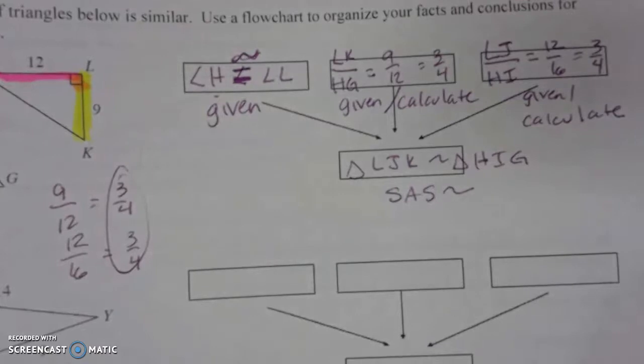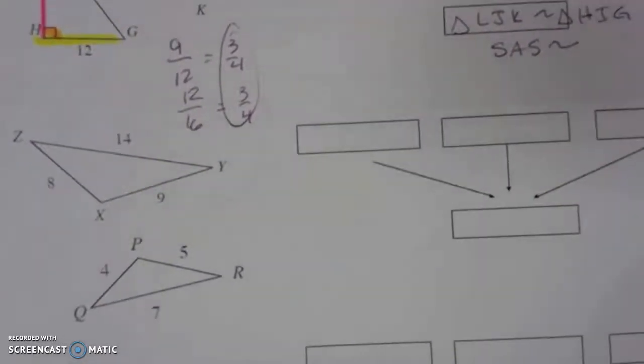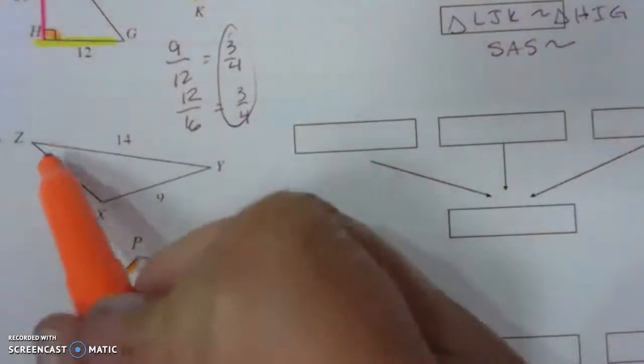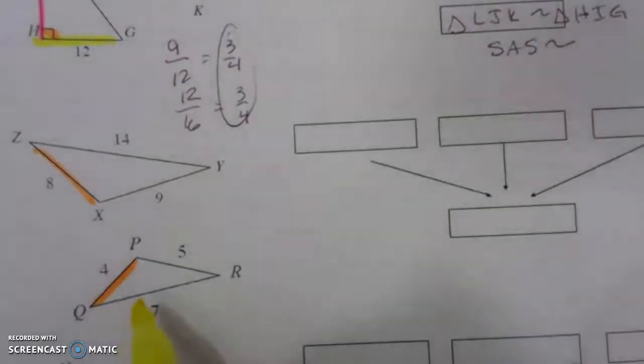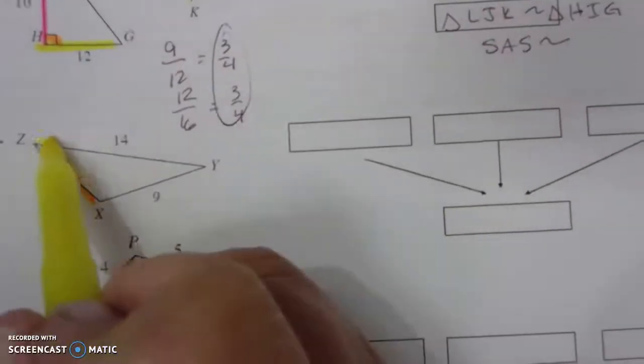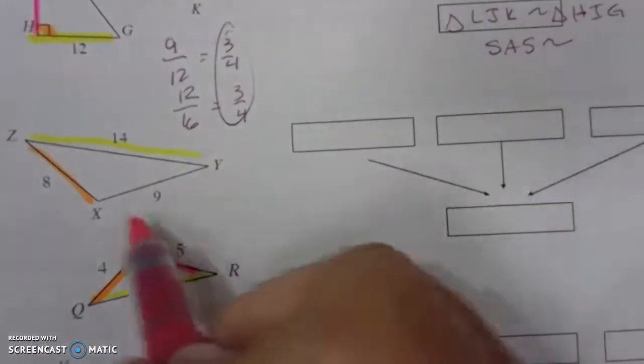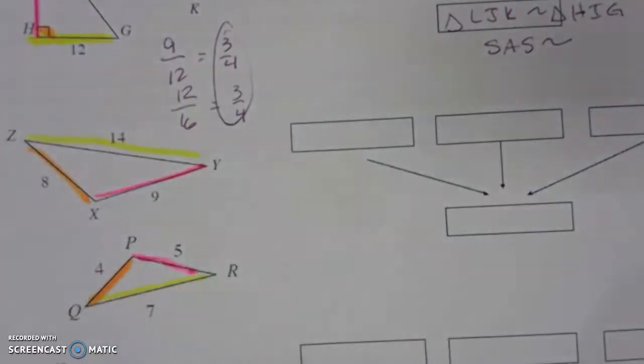Okay, we're going to now look at the second one. And you can probably already guess what the pieces are going to be. So let's line them up. Here's my small side on this triangle, and this is my small side here. I have my large side, and this is the large side, and that means the next one is the medium one. So we're going to check all of these.